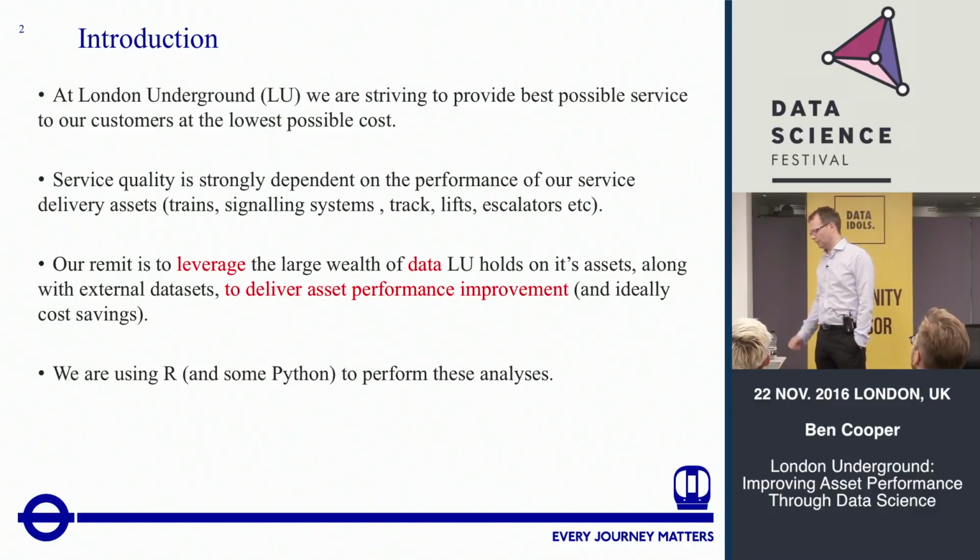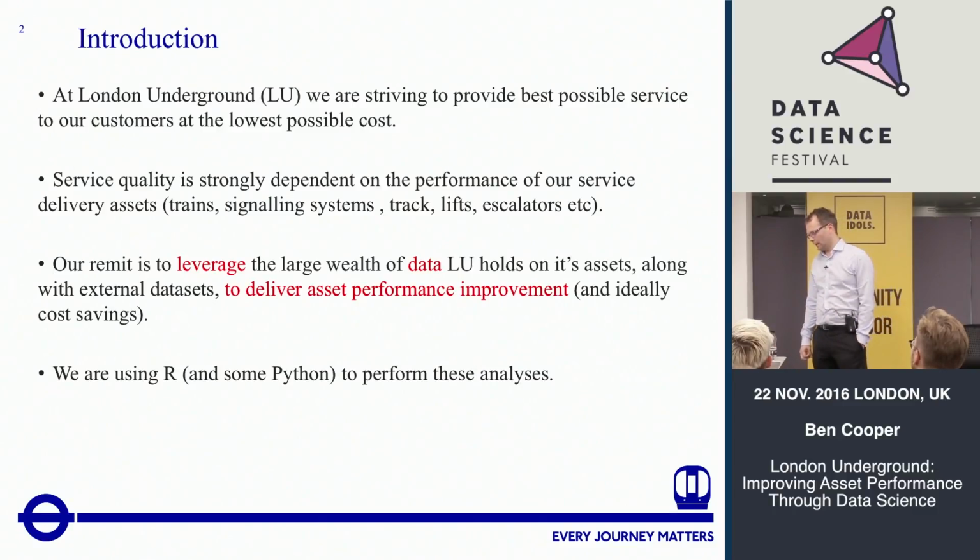So it's strongly dependent on the performance of our service delivery assets. So the trains, as I said, the signalling systems, and also other things like lifts and escalators, etc., that you find at the stations. All of this is within our remit.